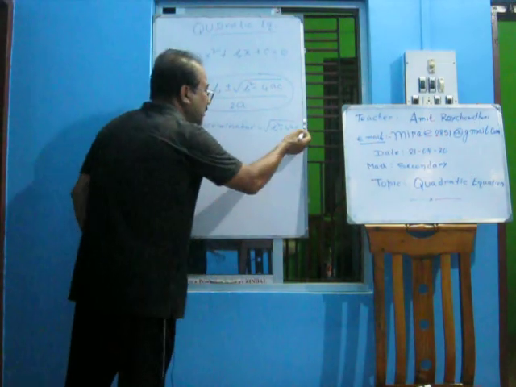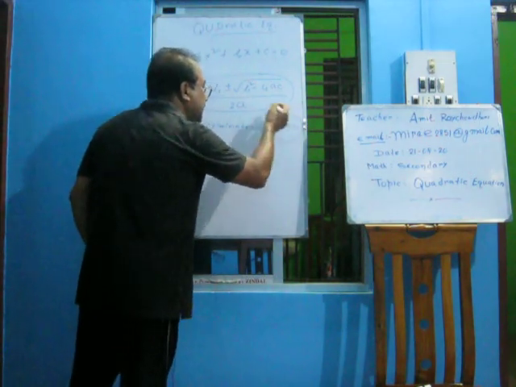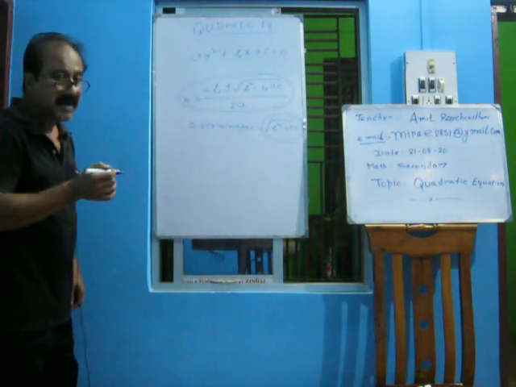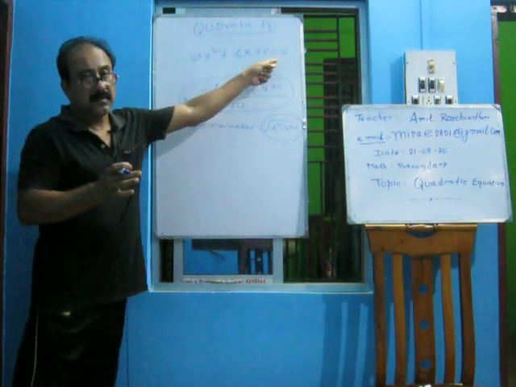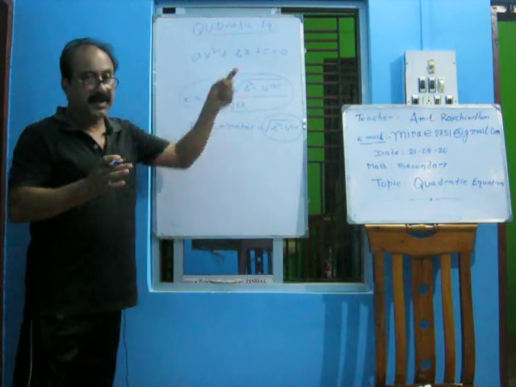So this discriminant gives the characteristics of the result of the quadratic equation.